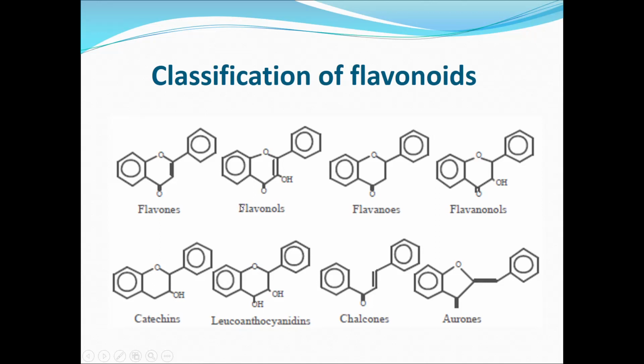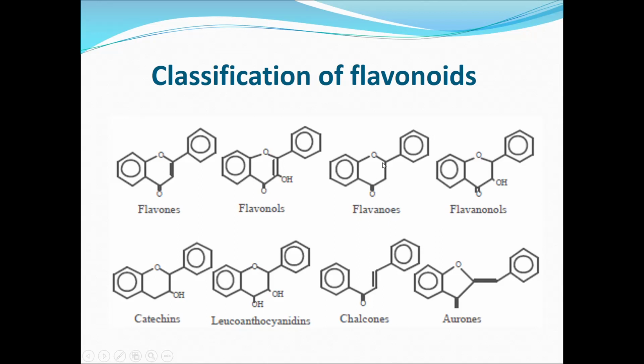The second group is flavonols. Flavonols means here you can see a hydroxyl is added. So these 2 structures are very close, only here hydrogen is substituted with hydroxyl. And then flavanones, with N-O-N-E-S.